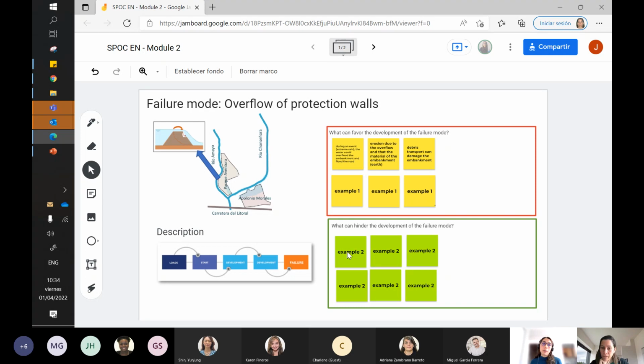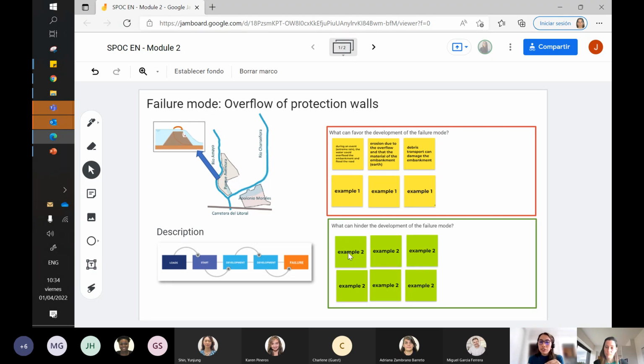Perhaps we can move forward with what hinders. Yes. So the analysis of the failure modes also lets us identify what can hinder the development of the failure mode, what can prevent that failure mode from happening. And at this moment, it's really important for you to consider that we are analyzing this failure mode as it is.